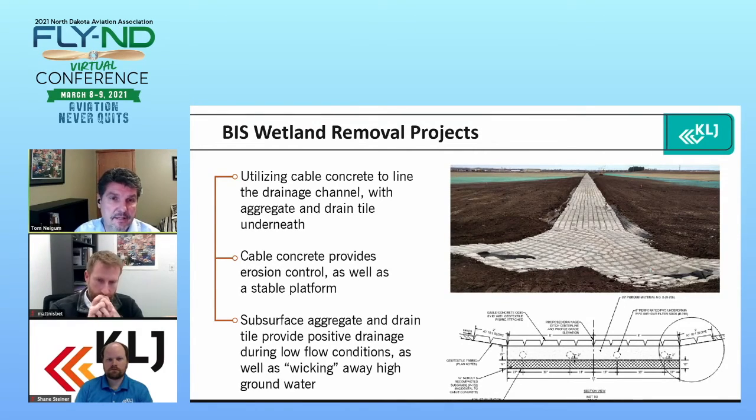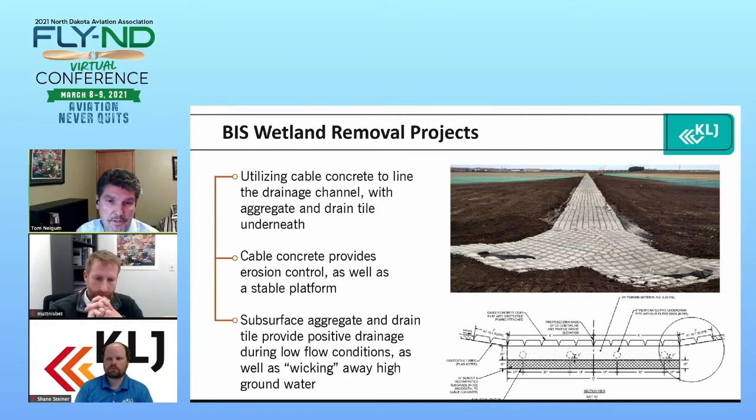But the second thing it does is it allows the Bismarck Airport maintenance staff to jump in a tractor or a piece of maintenance equipment and drive down through that ditch. And so they can get down in that ditch, and if they need to spray for weeds or clean out sediment, they can do that, and they can do that effectively. And so it serves as that stable platform for that equipment to drive upon.